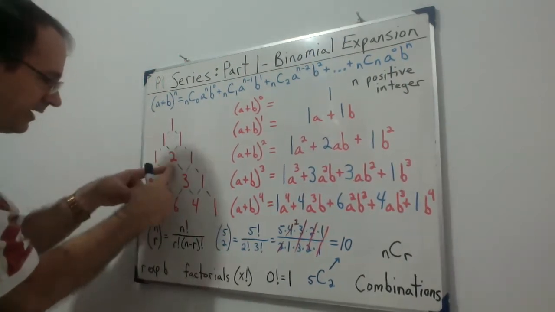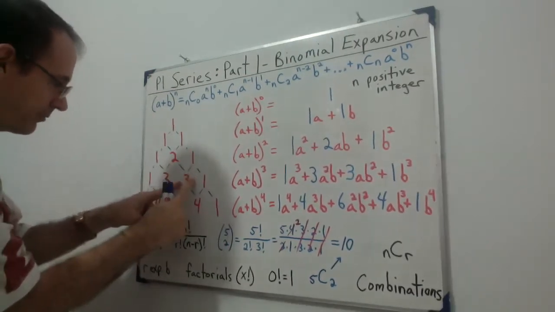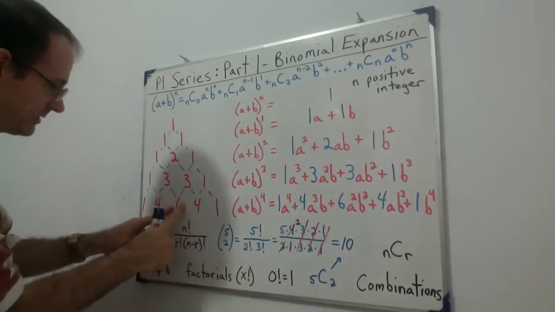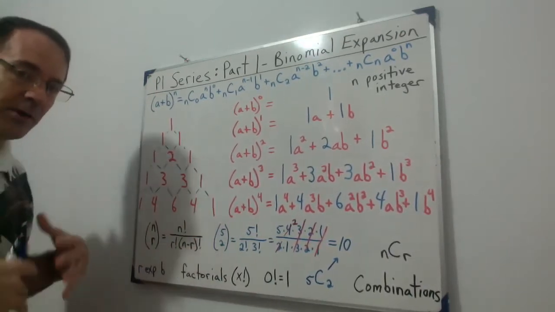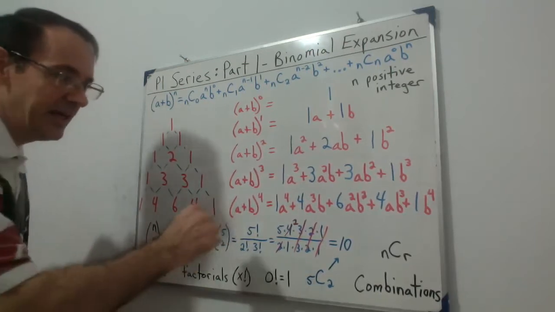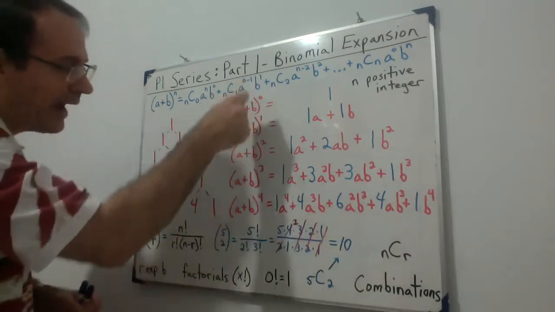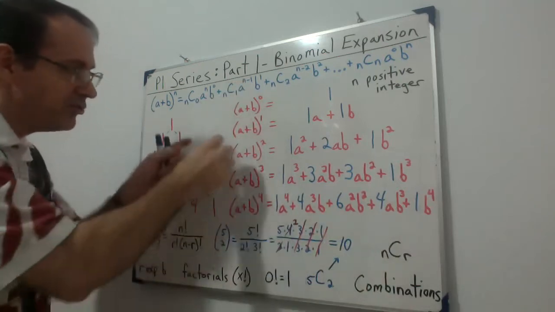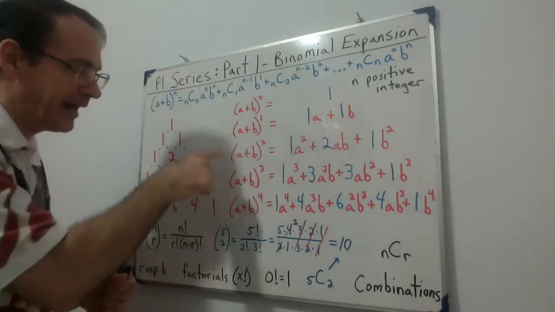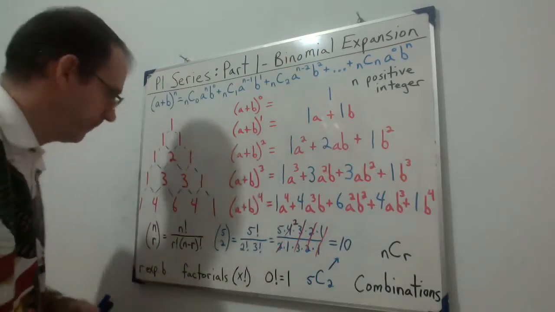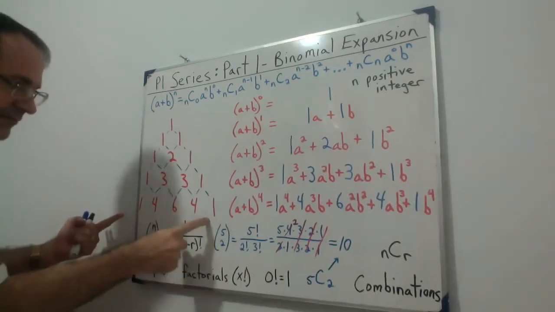So 1 and 1 make 2. 1 and 2 make 3. 2 and 1 make 3. 3 and 3 make 6. 3 and 1 make 4. And so on. So it makes it very easy to predict the next coefficients without actually having to do all of that algebraic multiplication that you learned back when you're expanding a binomial. So the next row would be 1, 5, 10, 10, 5, 1.